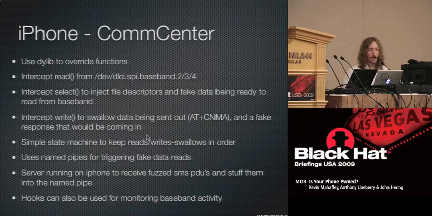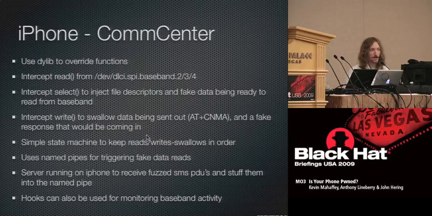Then within the hooks, in the select hook, we actually intercept that, and we're sticking a file descriptor from the named pipe into the FD set along with all the baseband devices. And then when a fuzz PDU comes in, select will unblock. We'll see if our named pipe was set in that set, and then we'll flip the bit to tell Comm Center that there's actually data to read from the baseband.